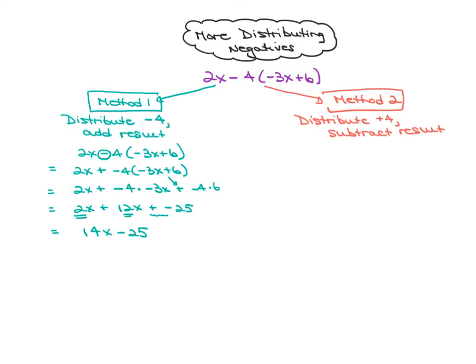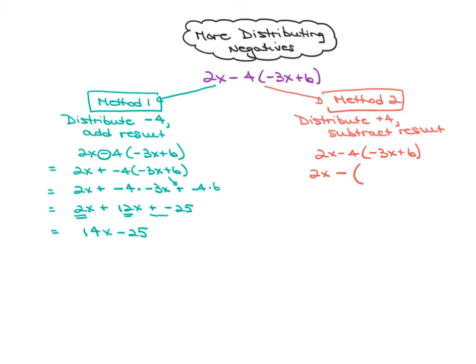Another way to think about it is to say, well, no, actually, I'm distributing multiplication of positive 4, but I'm subtracting everything in my result. So let's look at what that would look like. Start with, again, 2x minus 4, positive 4 times the quantity, negative 3x plus 6. All right, I'm going to go ahead and distribute, but I'm going to subtract everything I get from distributing.